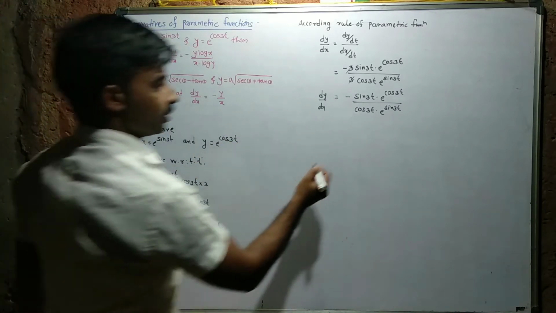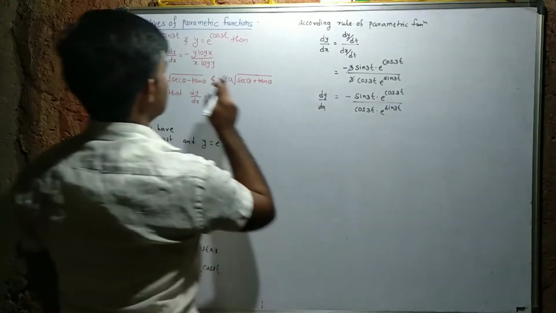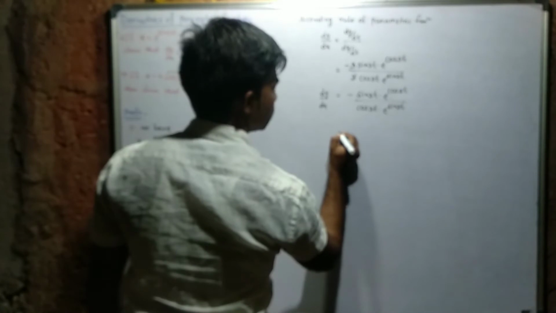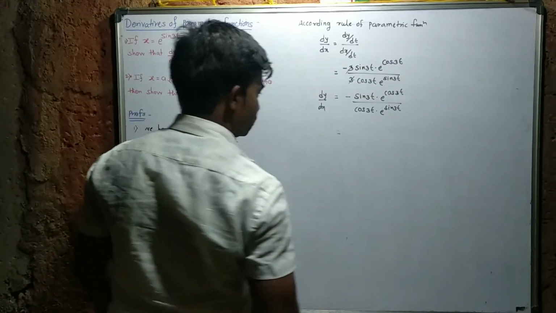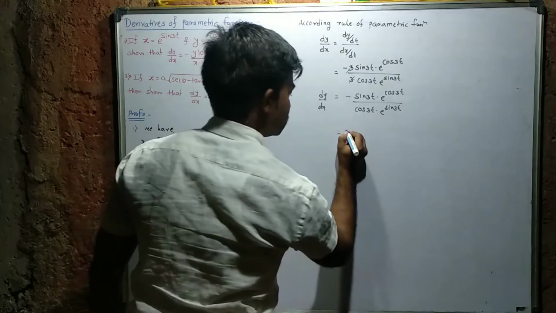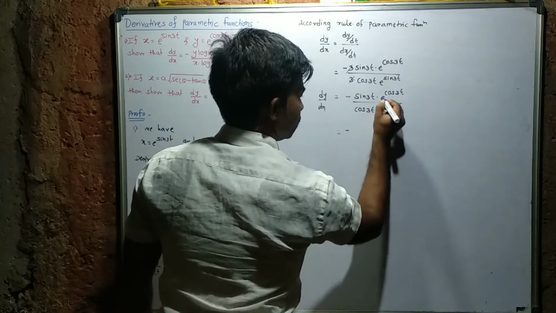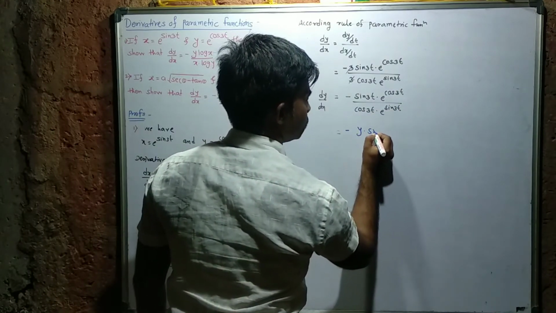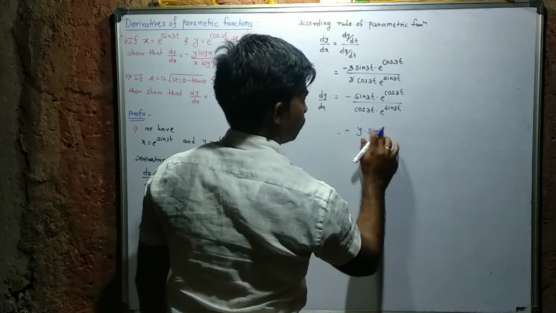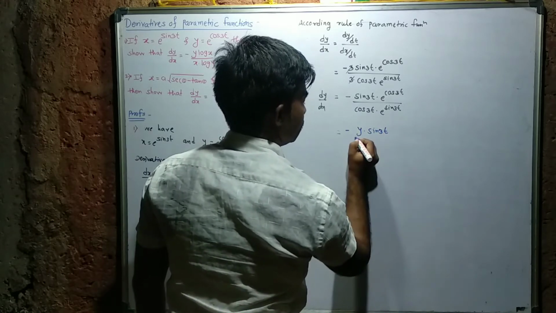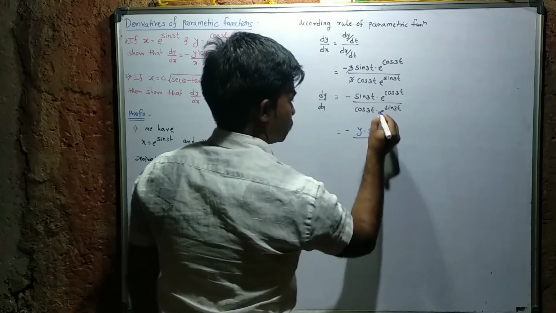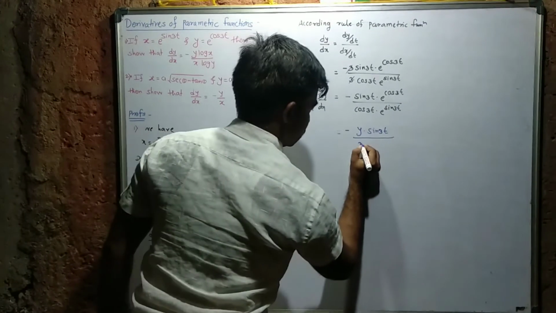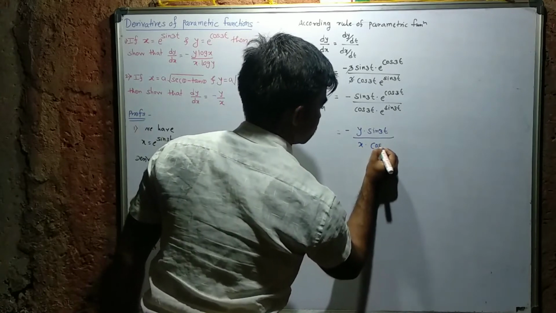Therefore e raised to cos 3t is y, and putting it here you will get minus y into sin 3t divided by e raised to sin 3t, which is x, and therefore it is x into cos 3t.